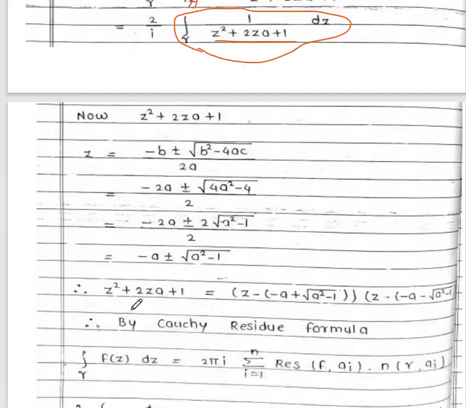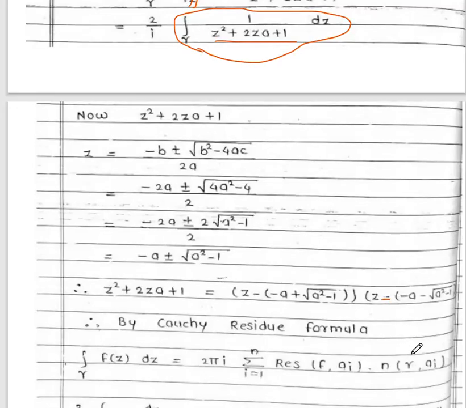The first factor is z plus a minus under root a square minus 1, or we can say z minus negative a plus under root a square minus 1, and the second factor is z plus a plus under root a square minus 1. So these are the factors of this term.